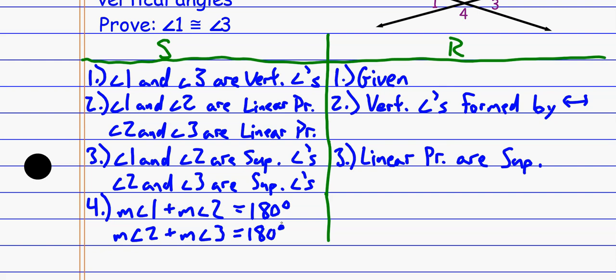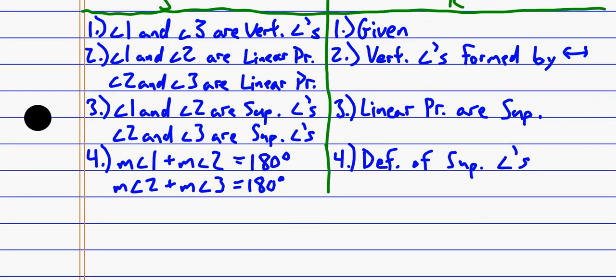And I know that because that's what supplementary angles are. I just said in the previous step that these are supplementary angles. I can say, well, that's what supplementary angles are. That's a definition. And again, if you don't remember that that's a definition, that's okay. Just literally write the definition. Say supplementary angles are the ones that add up to 180. That can be your justification.